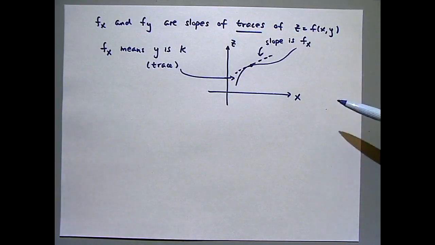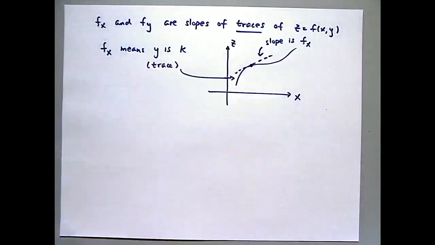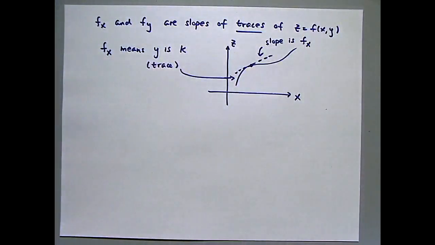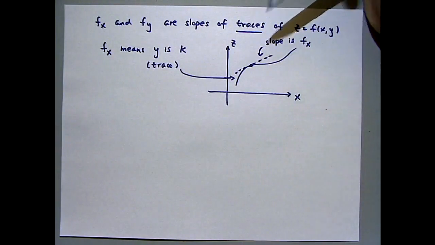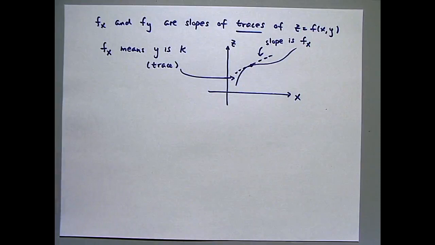And same thing for f_y. You look at the trace in the z-y plane, and then you look at the slope. So all of the stuff you know about derivatives is still the same as before. It's a slope of some kind of graph. Questions?